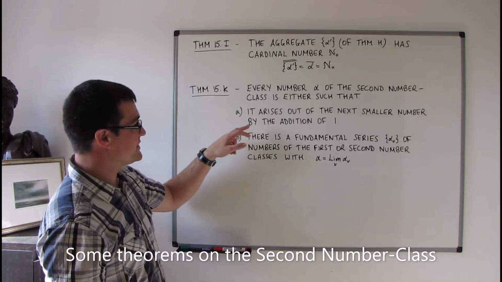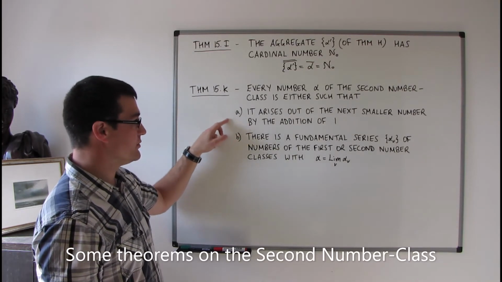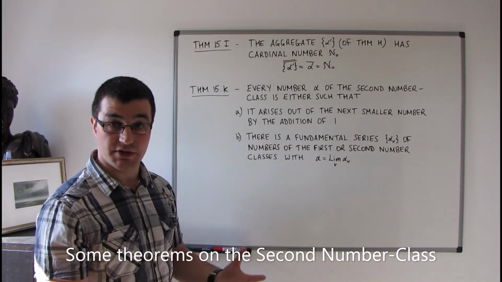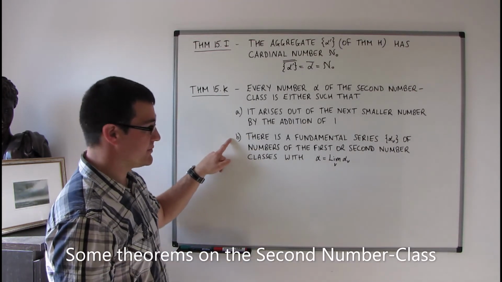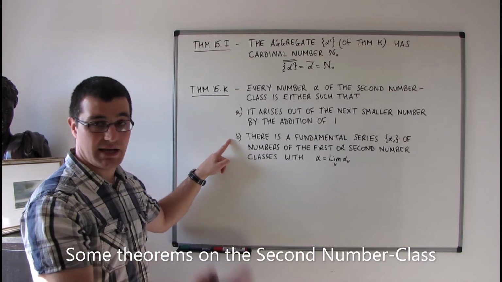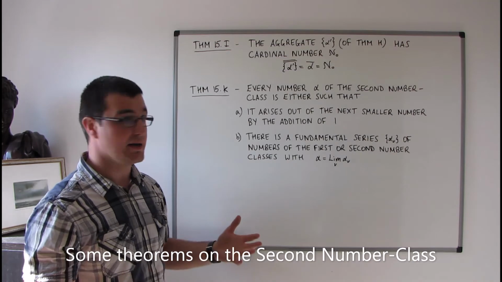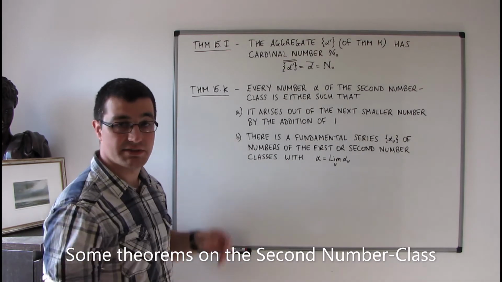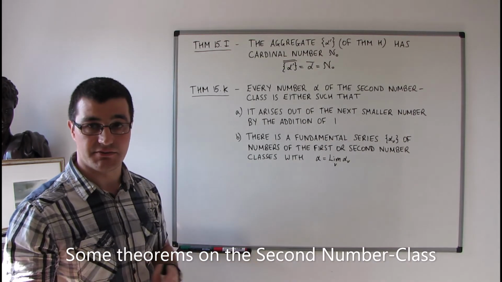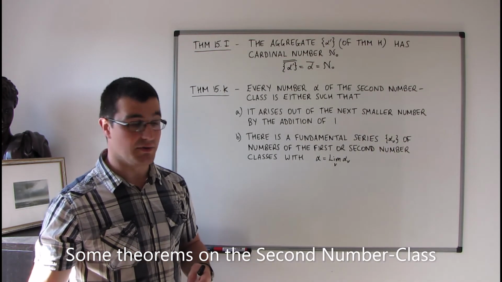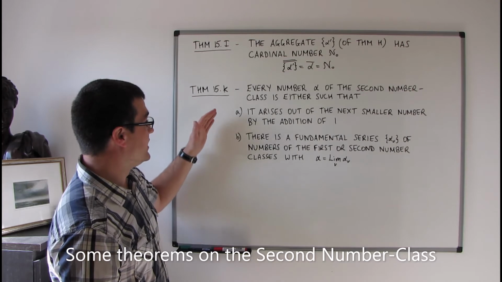And numbers that are obtained using the first principle of generation are called numbers of the first type, and numbers that are obtained using the second principle of generation are, funnily enough, called numbers of the second type. We'll have to take these different types of numbers into consideration in the rest of the work.